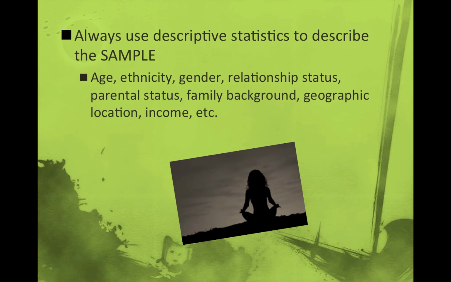It can be anything. It should be relevant to what you're studying, and usually, almost always, we have age, ethnicity, and gender. Beyond that, it really just depends on what you're studying.